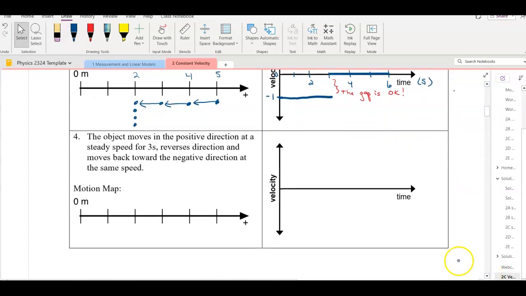Okay, let's do another one here. The object moves in the positive direction for 3 seconds, and then it reverses. It does not pause. And then it moves back in the negative direction at the same speed.